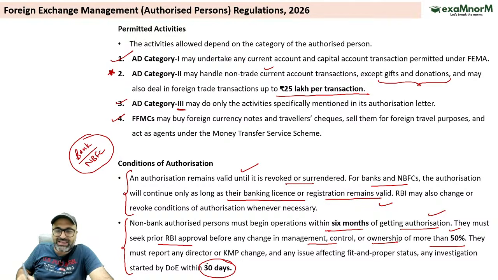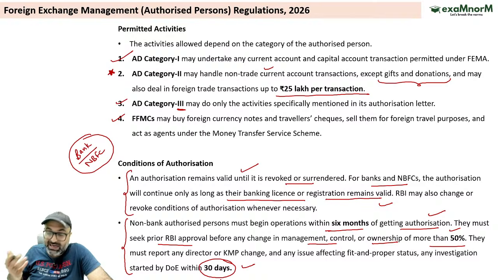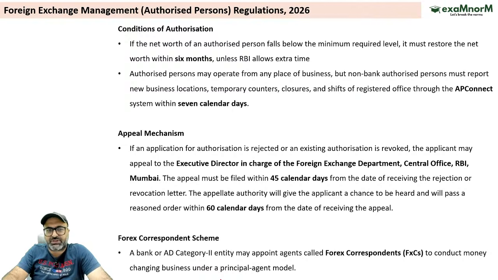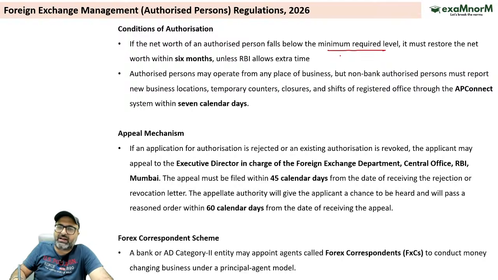And if you are making any key change in your directors or key managerial personnel, or there is any issue with the fit and proper status, or any kind of investigation has been started by ED, then in that case you have to inform RBI within 30 days. If the net worth of an authorized person falls below the minimum required level, you will get 6 months to restore it.